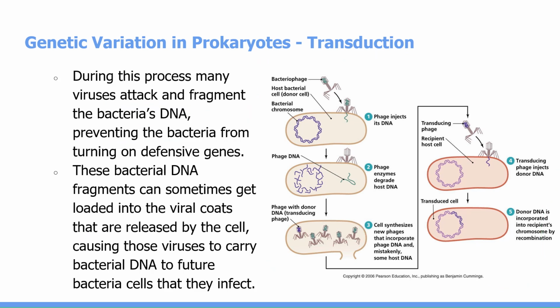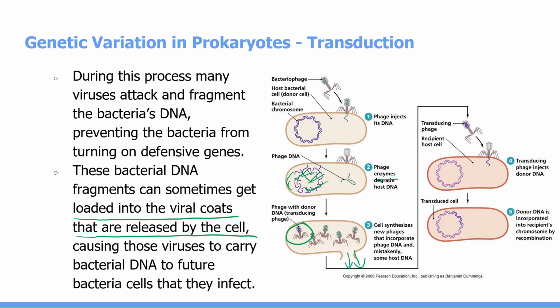Well, during a virus attack on a bacterium, enzymes are released to break up the DNA into fragments, so the bacteria cannot turn on its defensive genes. These bacterial DNA fragments can sometimes be loaded into the viral coats that are released by the cell in this step. So again, you can see bacterial DNA lodged into the bacteriophage there.